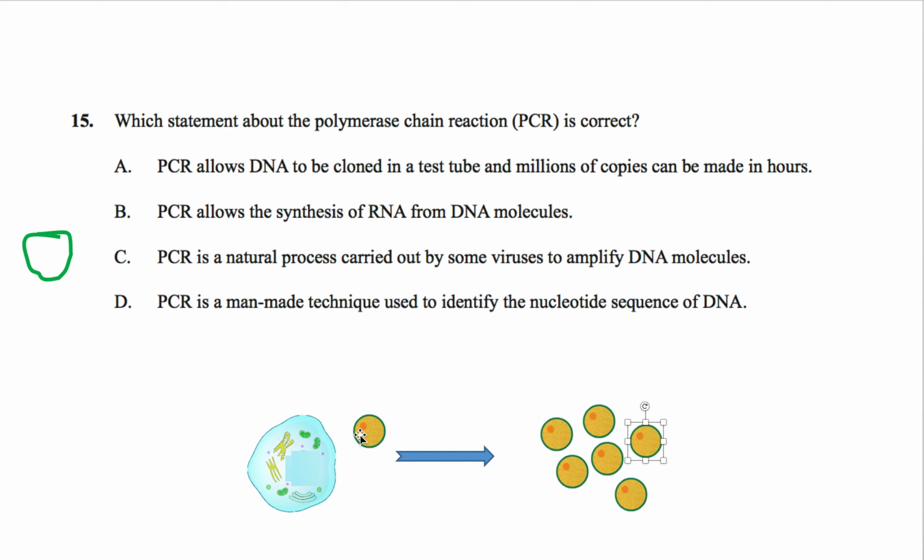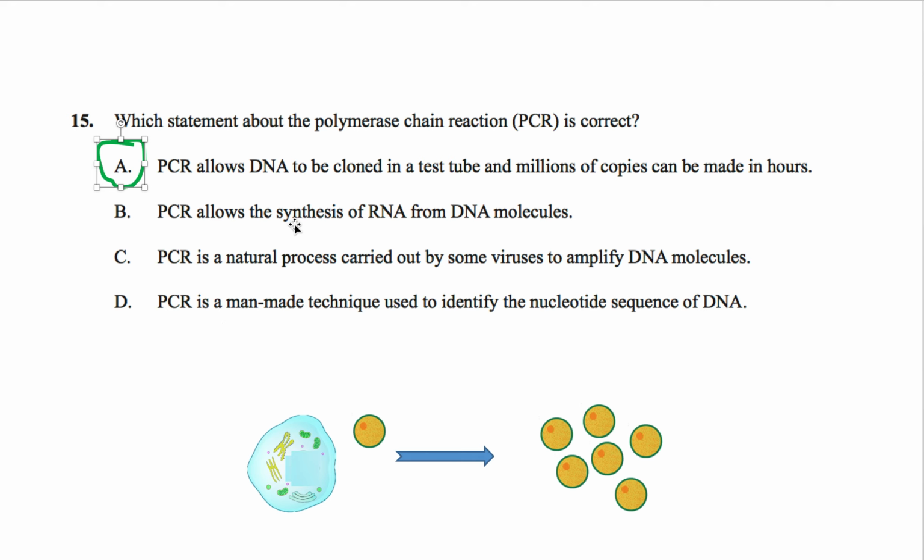There will be no differences. It's exactly a clone. So far it's correct. It clones DNA in a test tube and millions of copies can be made in hours. Yeah, and that's exactly true. Millions of copies. They love this machine because it works really fast. So far, it seems like A is probably correct. But we need to make sure to eliminate the rest.